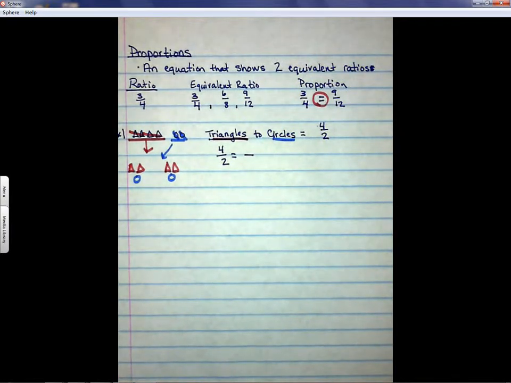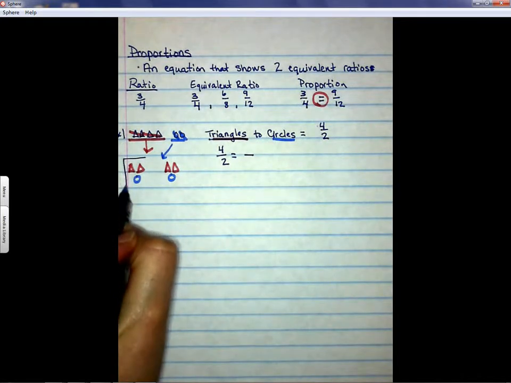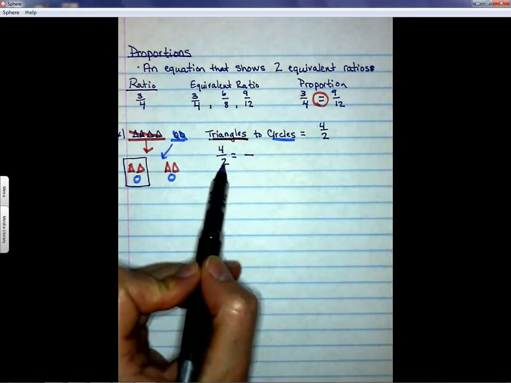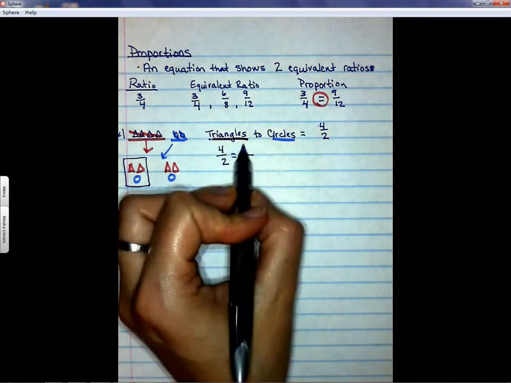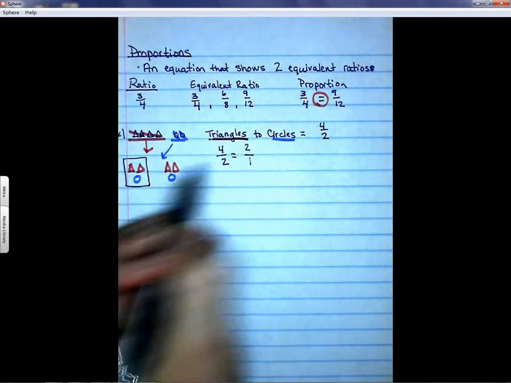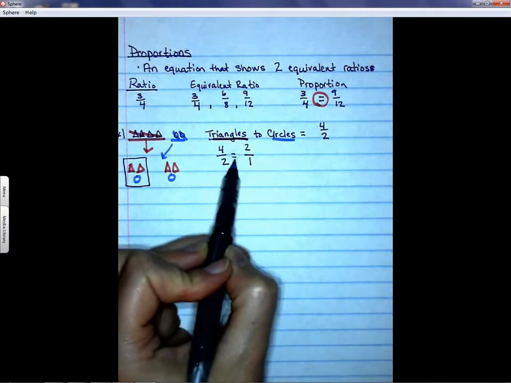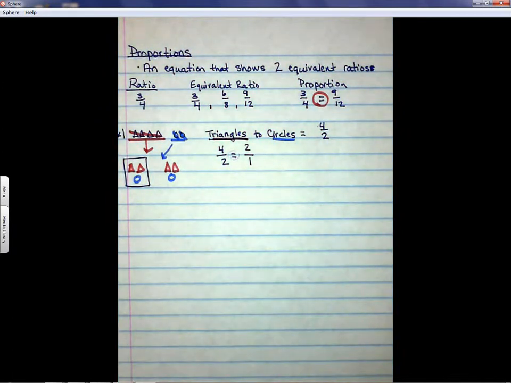So now looking at one individual group, the ratio is still the same. I just made two groups of the same ratio. So 4 to 2 is equivalent to 2 to 1. Because I use the equal sign in between there, that tells me it's a proportion.